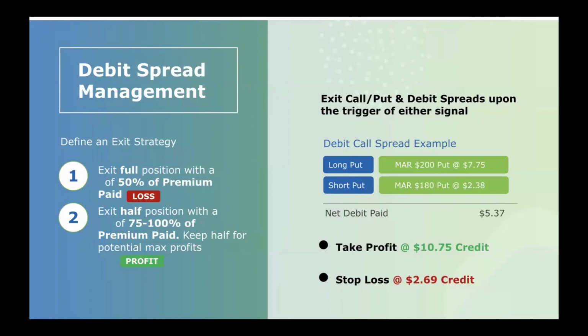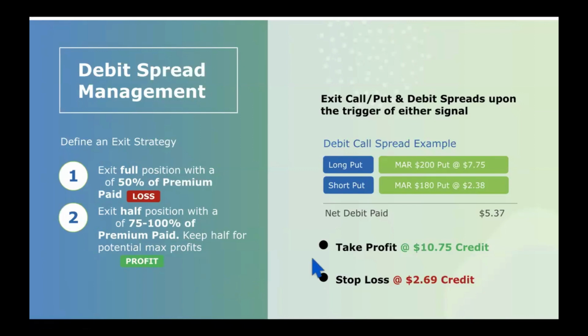But if we are incorrect, we're going to stop that loss, which is right here. And we actually have stop losses inside the options play platform at 50% of the net debit that was paid for the trade. So here inside the bullet point inside the slide, it says we're going to take off half of that position. Well, if I have a 1-by-1 on, that's going to be 100% of the position.